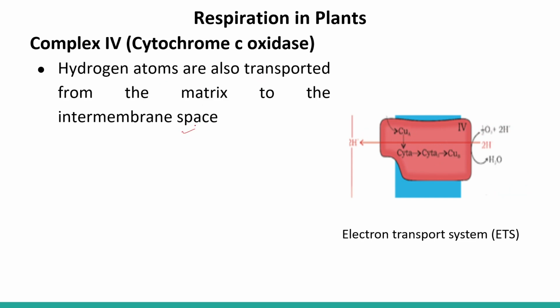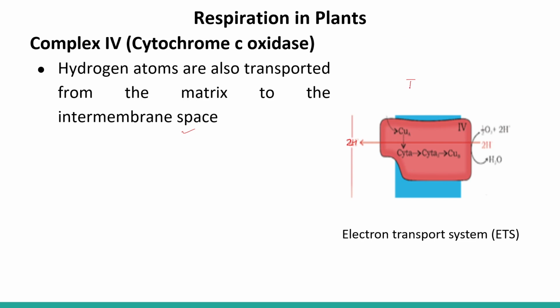Again, we have discussed this. What is happening during the downhill transfer of electrons? Electrons move from one complex to another, and along with the transfer of electrons, protons are moved across the membrane.